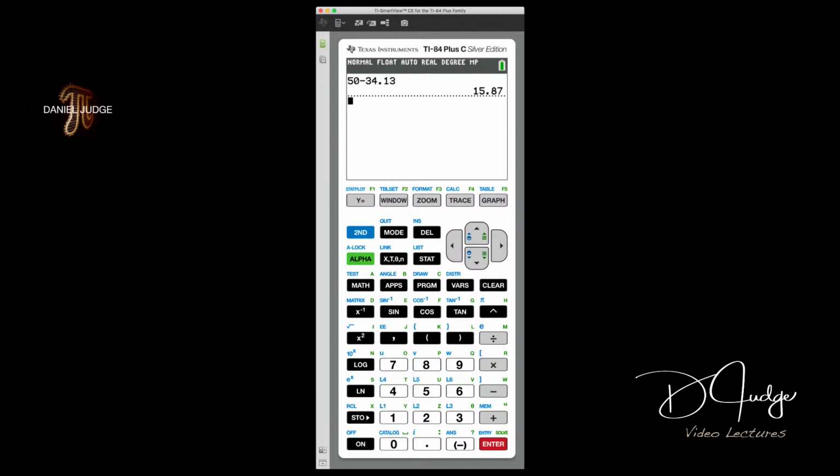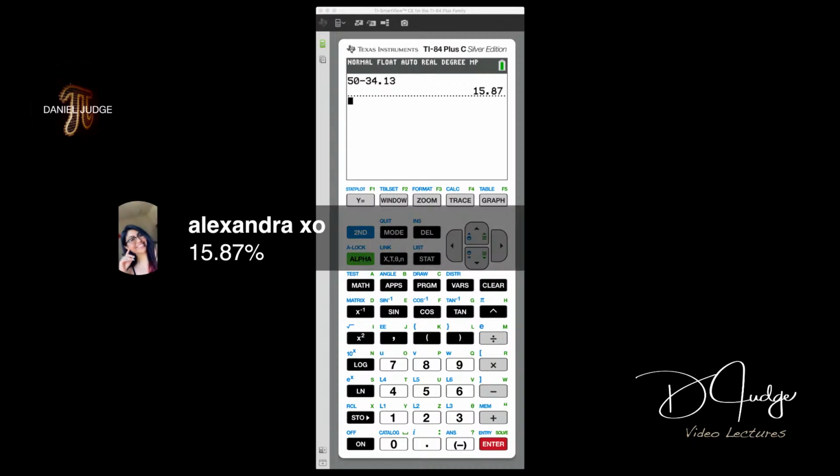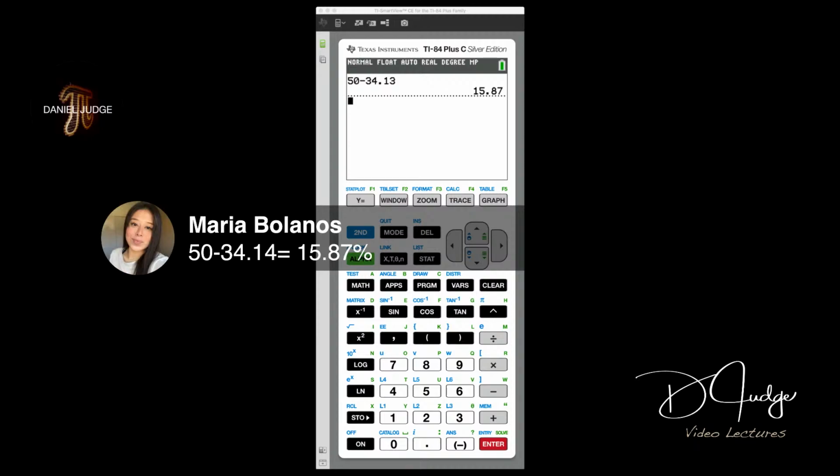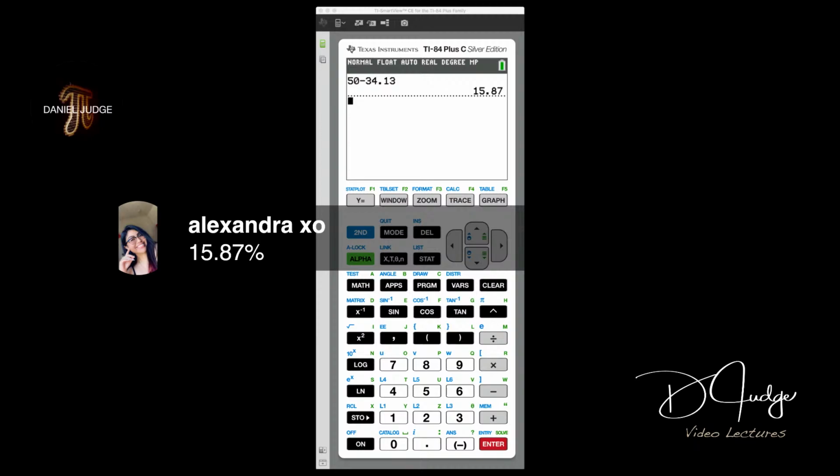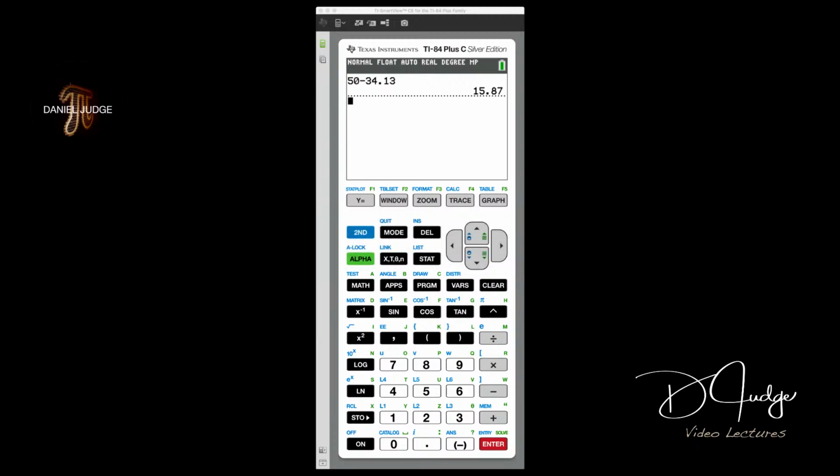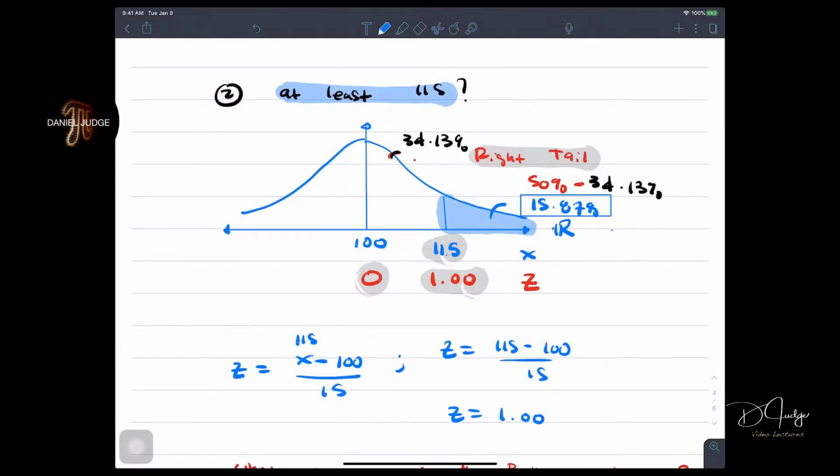And yes, you get 15.87%. So there you guys go. Okay. 15.87%. Yes, Maria, you're fine. Yes, Alexandra, you're fine. There you guys go. This is how you go about getting this answer. 15.87%. We have it right here.